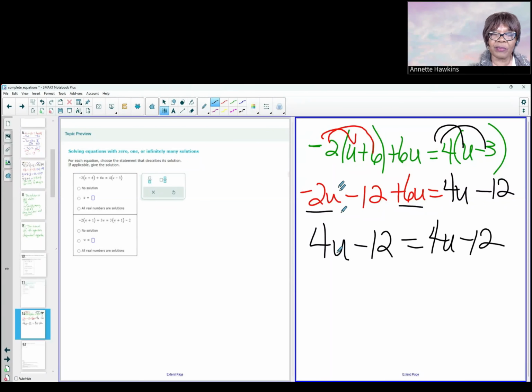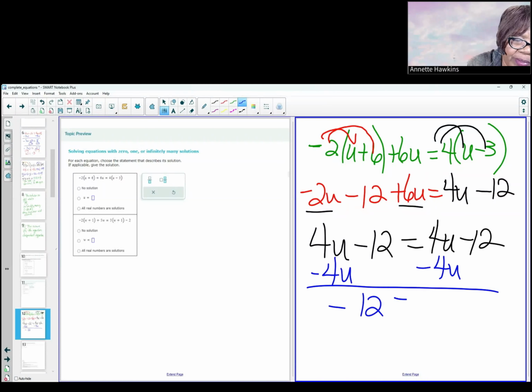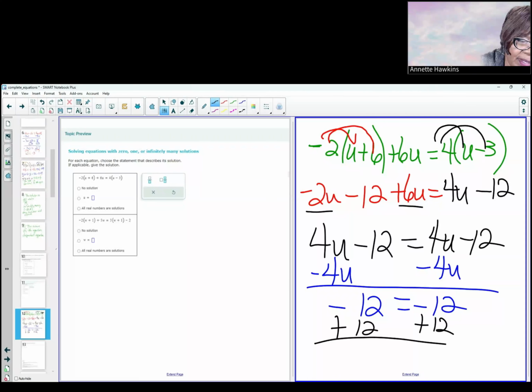Now, we saw this before. Now, what I want to do is to take this all the way out because sometimes students don't see it. And so what they'll do is that they'll just keep working. So I'll subtract 4u. And then I get -12 equals -12. That is true, but students keep working. And then they get to the point they can't do anything else. 0 equals 0, okay? Now, this is a true statement.